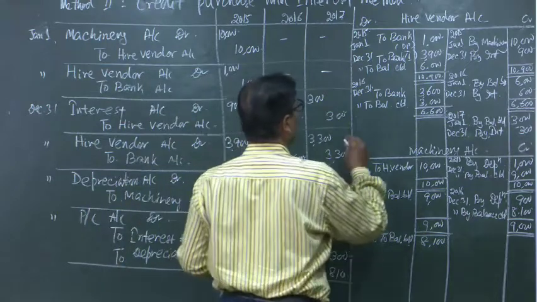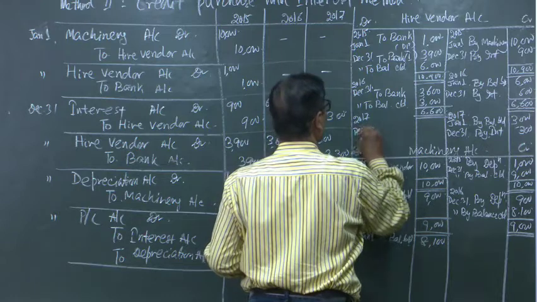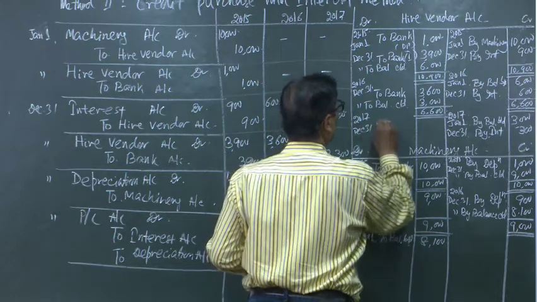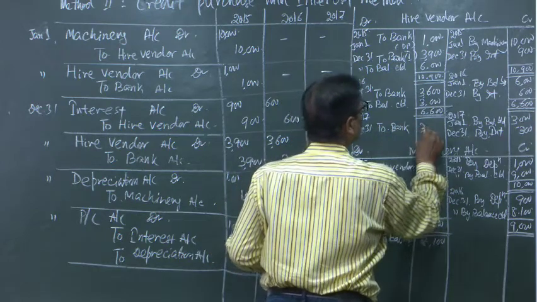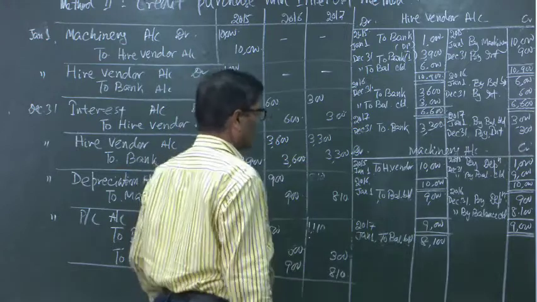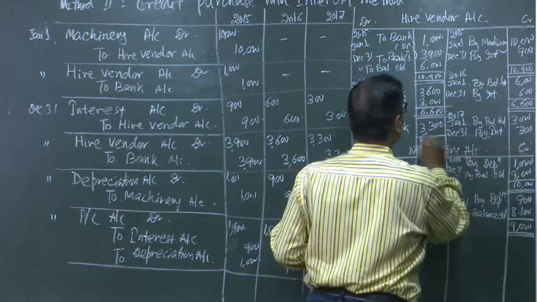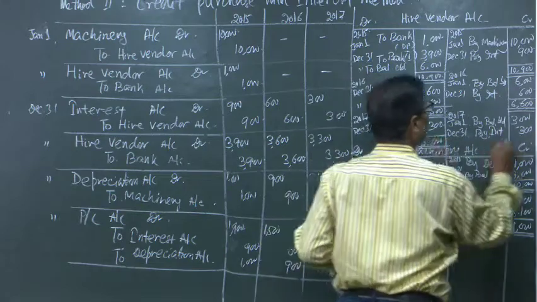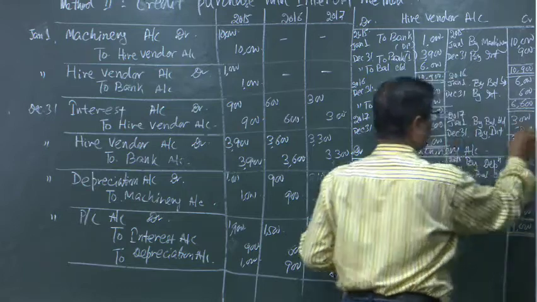So, here we can write 2017 December 31st, to bank 3300. So, that it is closed. This account is now closed. Both the sides are same, there is no balance left. So, it is closed 3300.